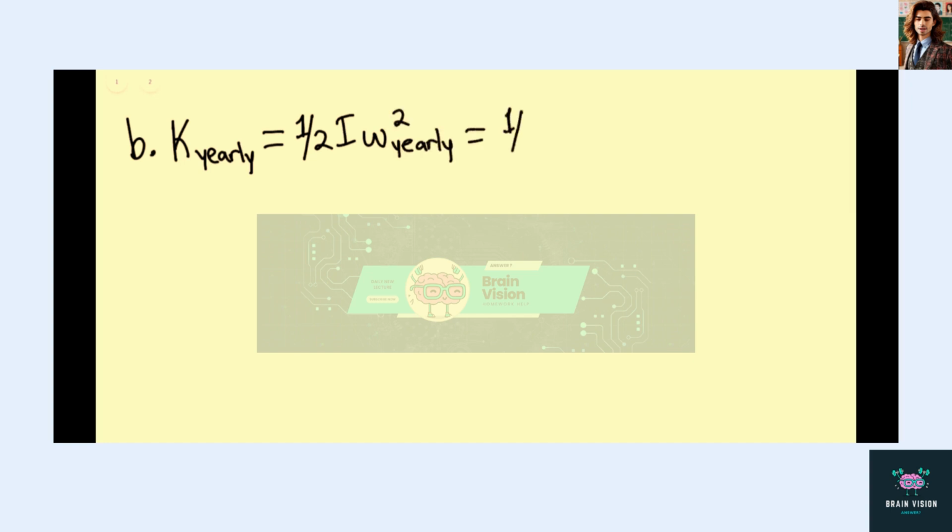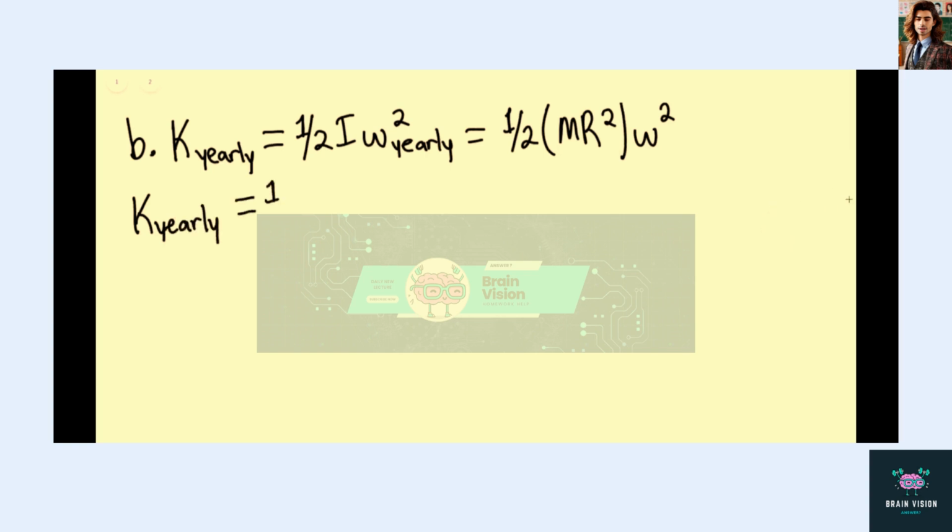Here, the moment of inertia would simply be equal to mr squared, where m would be the mass of the Earth, but r would be the distance from the center of the Earth to the center of the sun, times, again, omega squared. So we can solve.